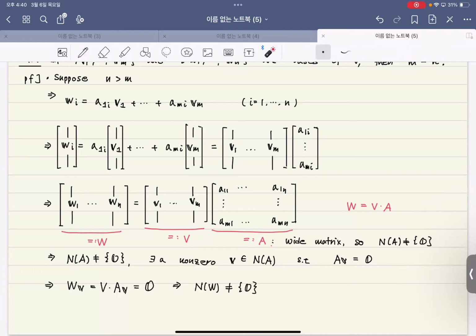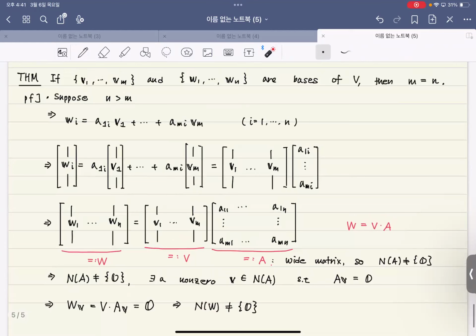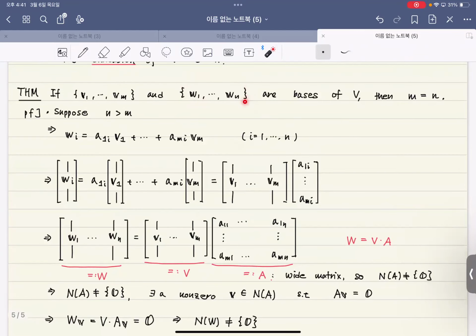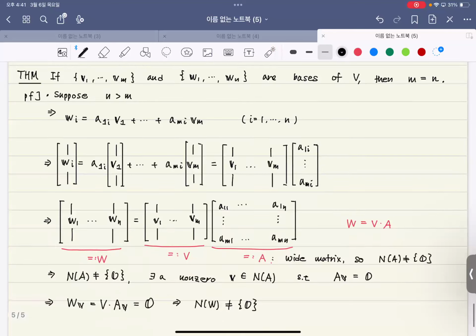Oh yes, this is clearly a contradiction. Null space of W is non-trivial, which means the column vectors of W must be linearly dependent. But this is clearly a contradiction because we declared that they are the basis vectors, so they must be linearly independent. Okay, great.